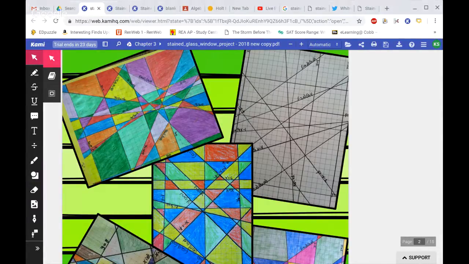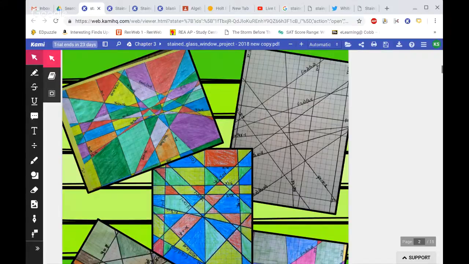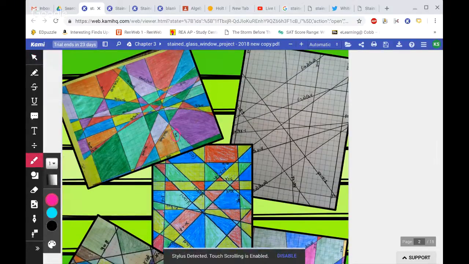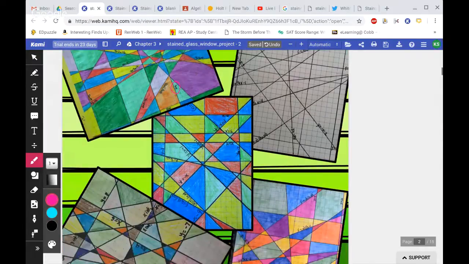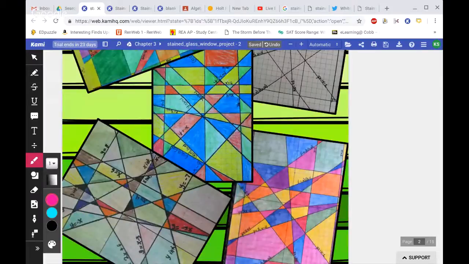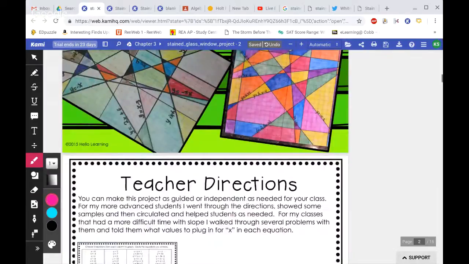Yep, I see it. Okay. I was gonna circle it if I can find my pencil. Like this one here, I feel like that's y equals 5. Can you see what I circled on theirs? Yeah. And then down here, this one is x equals 4 on some of these different examples.